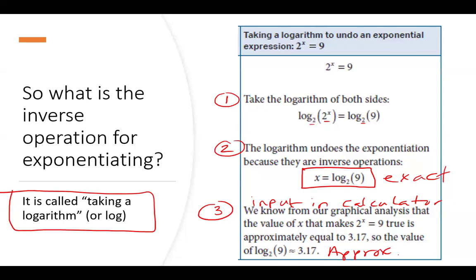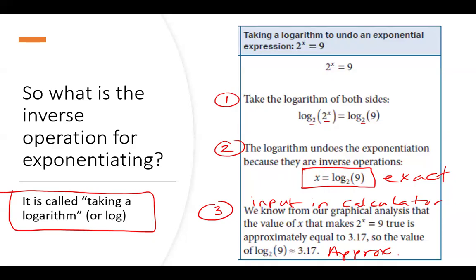It has the little waves, the approximation. We're going to go over that. Okay? So our exact has the equal sign. Our approximate has the waves, right?